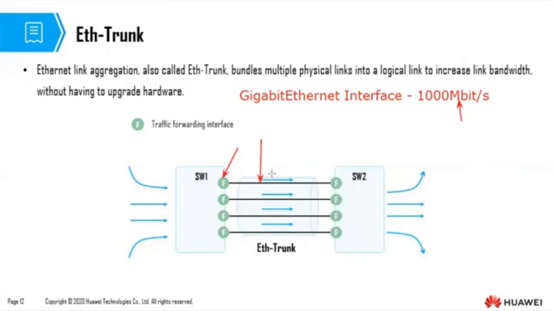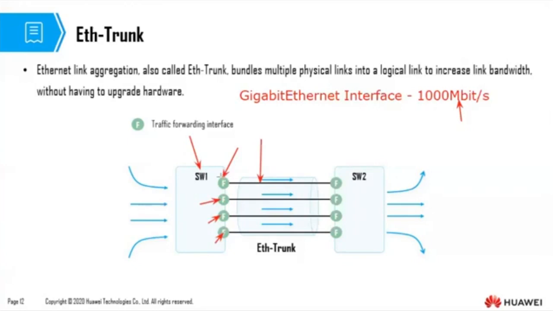When you looked at the switches, you saw that some of them are gigabit Ethernet, some 10 gigabit, and so on, right? That speed is the speed of the interface. So what we're saying is that on switch 1, we can bundle up this interface, this interface, this interface, and this one together to form a single pipe.